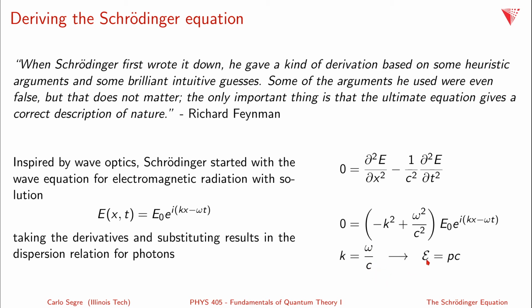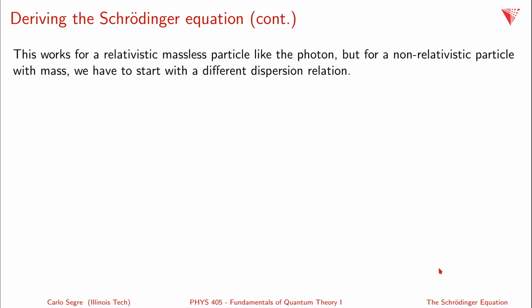Or the energy, to be distinguished from the electric field, I have a script E, is equal to the momentum times c. So this works for photons, for light. And we know that photons act like particles, so this is the wave equation for a relativistic massless particle. Photons travel at the speed of light, they have no mass.